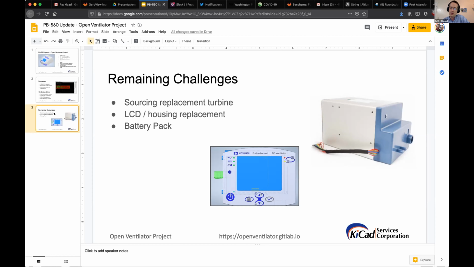We would be able to modify this down and utilize some more commercially available batteries. However, we do not have any battery designers on our team yet, and so we're actively looking for folks with that type of experience in order to help us update the battery pack.